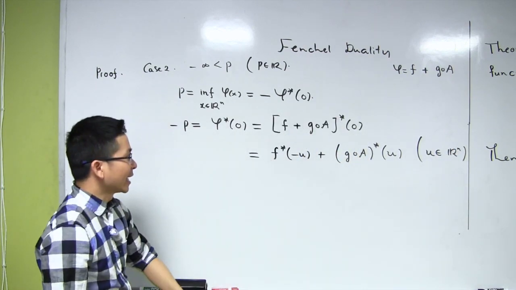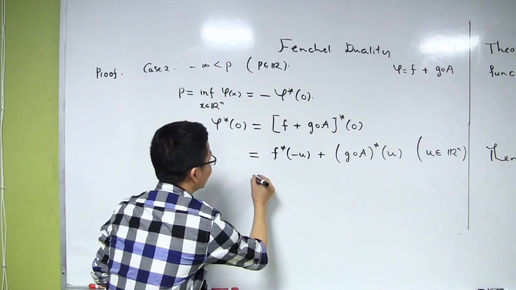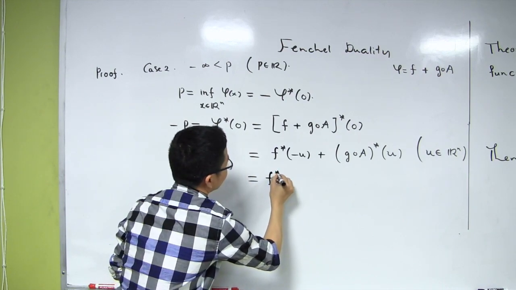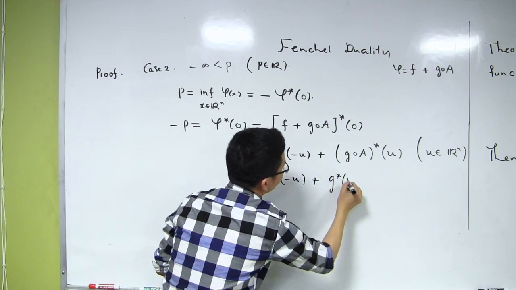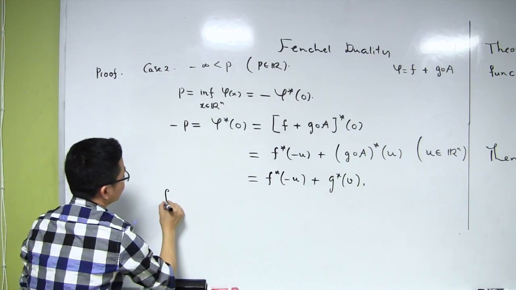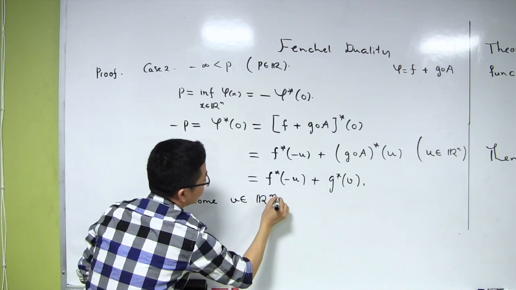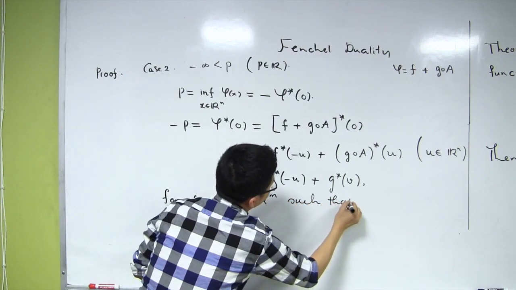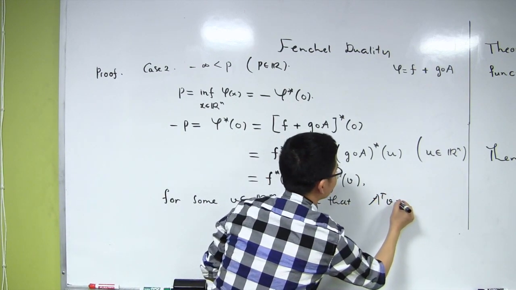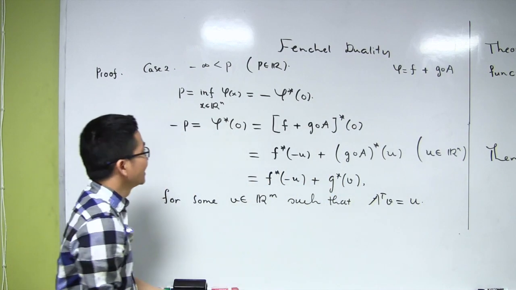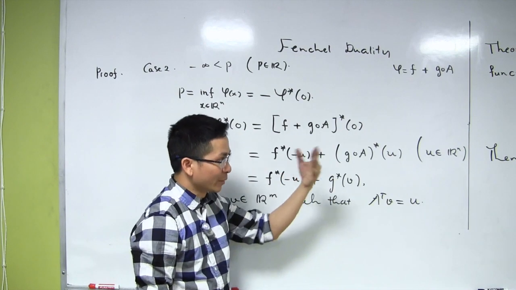And now we can apply the Fenchel conjugate chain rule to have that this is equal to f star of minus u plus g star of v, for some v in Rm such that A transpose times v is equal to u. So again, this follows from the Fenchel conjugate chain rule formulated earlier.